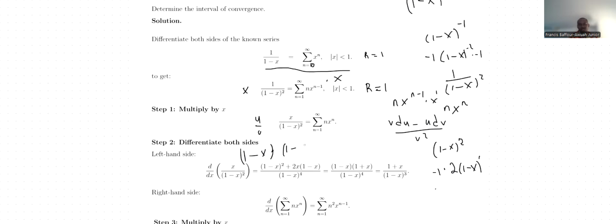On the right-hand side, you're left with plus 2x. Now, 1 minus x plus 2x is just 1 plus x. And so that's how come we have 1 minus x, 1 plus x. And then one of the 1 minus x in the denominator will be cancelled with this 1 minus x. And so you're left with 1 plus x over 1 minus x to the power 3.